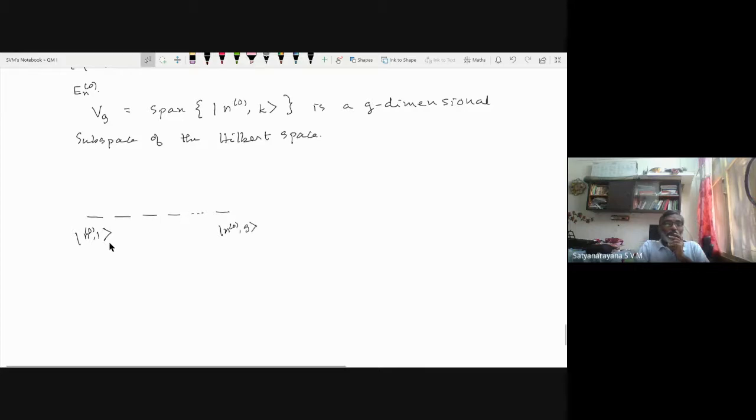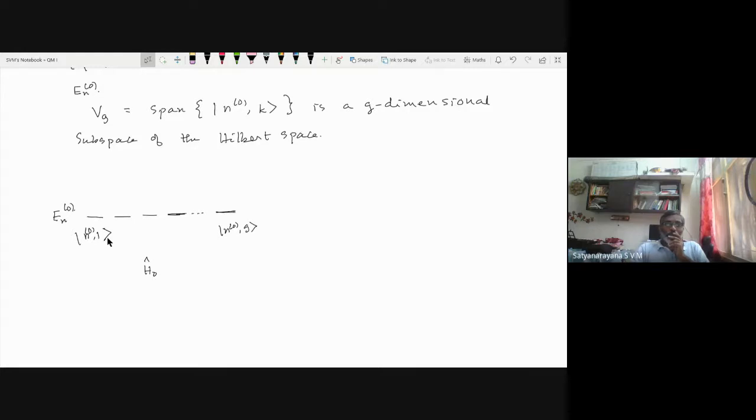All of them have the same energy En0. These are unperturbed states, for the unperturbed Hamiltonian H0.